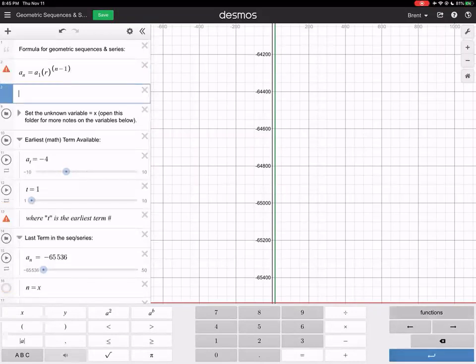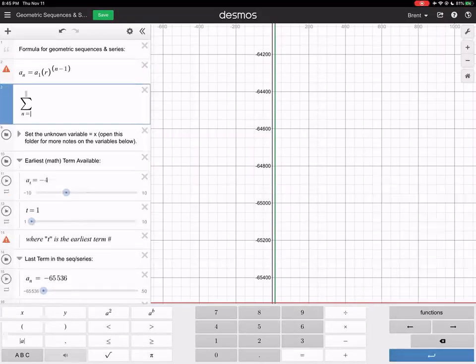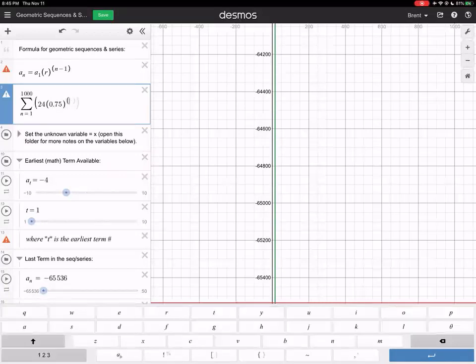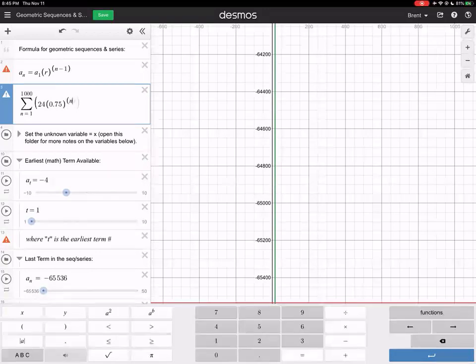So SUM, or you can go to functions, miscellaneous, there it is. From 1 to 1,000, the first term was 24, times the ratio of 0.75, raised to the power of, and I need to put this parentheses, N minus 1.